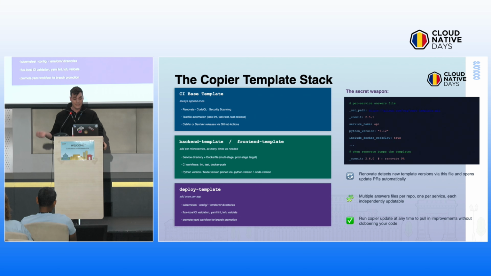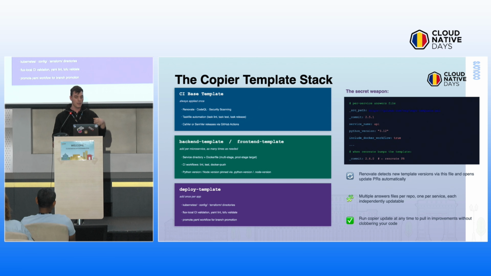We have our base template, which gives you all of the Renovate, CodeQL, security scanning, Taskfile automations, basically the stuff that is identical across all of the repositories, regardless if they are, I don't know, code repositories, infrastructure repositories, or whatever package that we might have. We have specific backend and frontend templates, which in our case map to Python services or JavaScript services, because we use Vue.js for frontends.